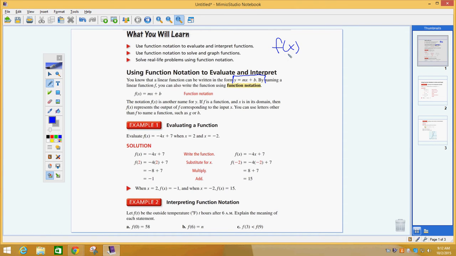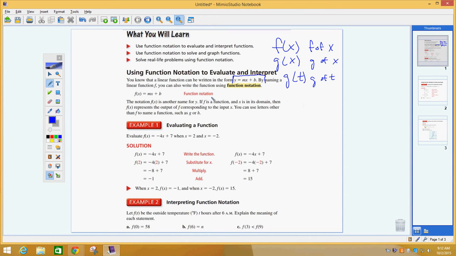When you see f parenthesis x or g parenthesis x or g parenthesis t, the way you say this is f of x or g of x, or this one would be g of t. Now that may not make very much sense on what you're going to be doing with that right now, but that's how you say that.